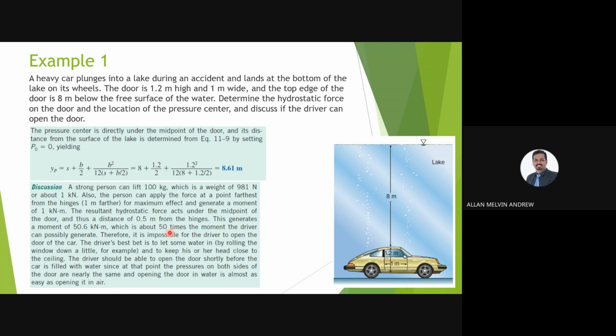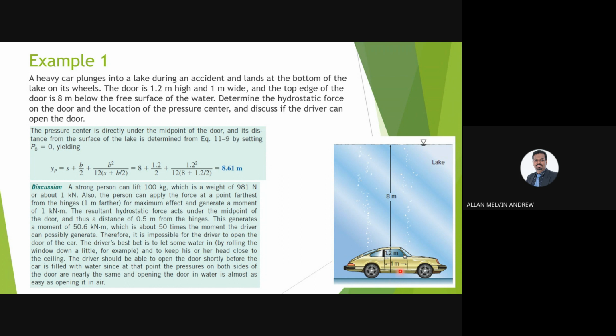So since the moment is 50 times, meaning the force is 50 times more than what you can endure, you let the water come inside first. When the water comes inside, it will have some force acting on the door as well, meaning you are assisted. You provide 1 kilonewton, and the water that comes inside will be the same as outside, so you will have another 50 kilonewton of force from the water inside.